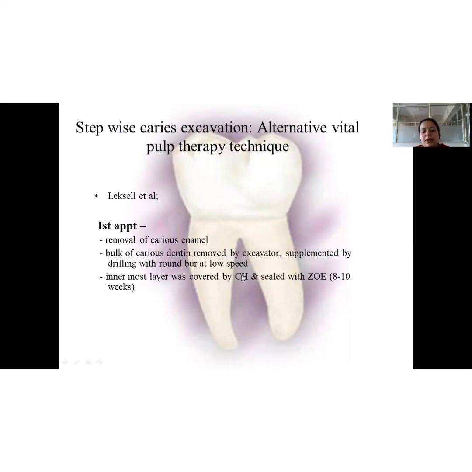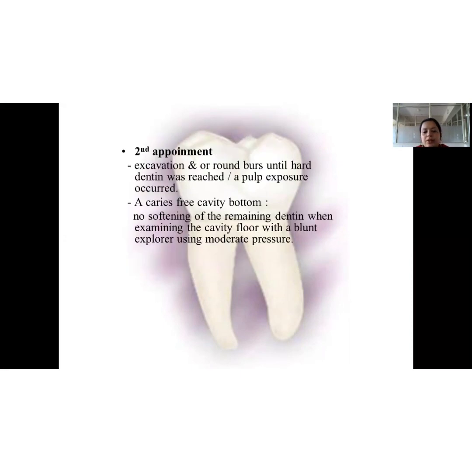The innermost layer is covered by calcium hydroxide and filled with zinc oxide eugenol for 8 to 10 weeks. In the second appointment, excavation with round burs is done until hard dentine is reached, without pulp exposure having occurred, leaving a caries-free cavity bottom. There is no softening of the remaining dentine when examining the cavity with a blunt explorer using moderate pressure.